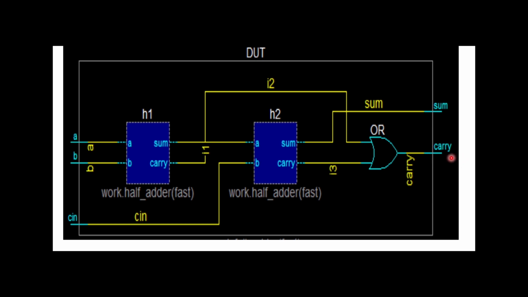Here we'll get the carry, and the sum we get from the sum of the second half adder. This is very simple. Let me explain with the help of code so that you will easily understand.